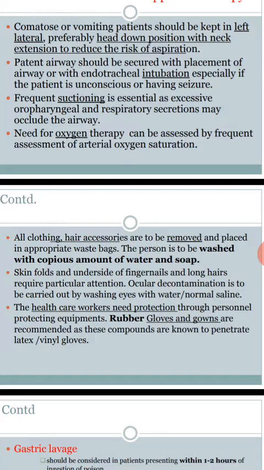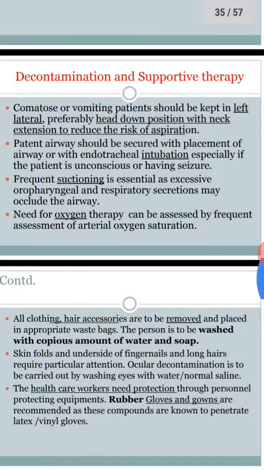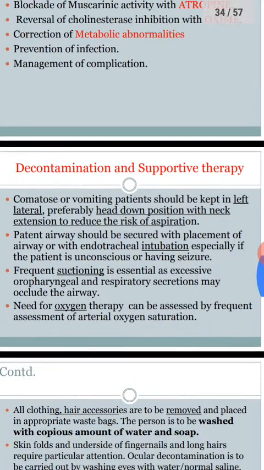So decontamination means you immediately remove the contaminated clothing and the organophosphorus compounds from the skin surface, washing the person with a sufficient amount of water and soap. If the eye is affected, you have to do ocular decontamination by washing the eyes with a sufficient amount of water or normal saline.